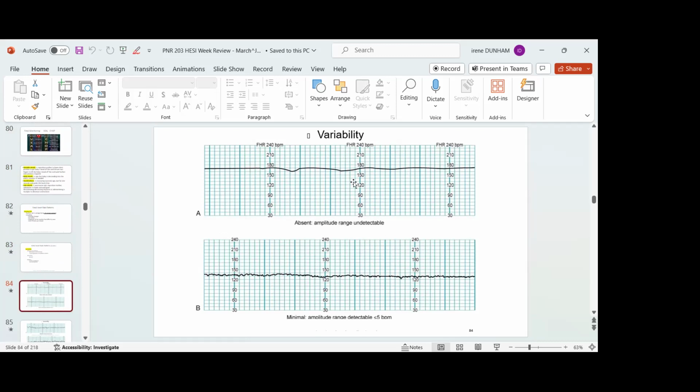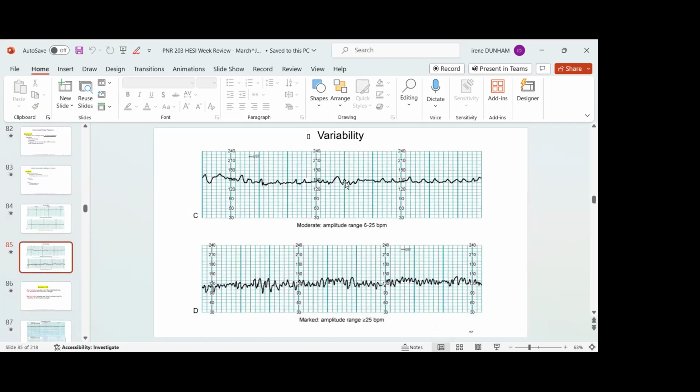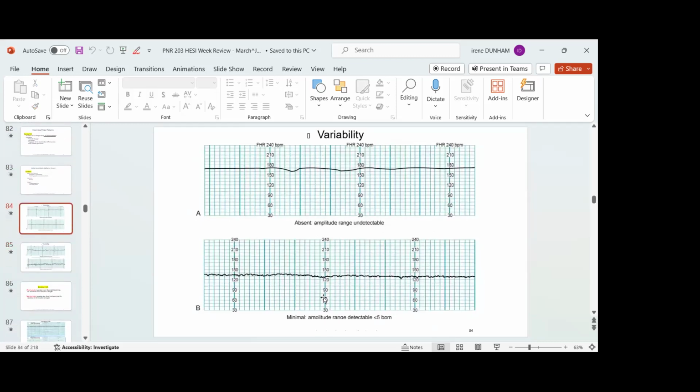So that's never good. This baby is severely acidotic. Now here you see the little beat to beat. This is minimal, but at least you got something here. It's detectable, like less than 5 beats per minute. You have something, not very much, but you got something.